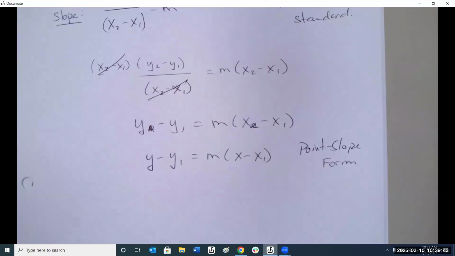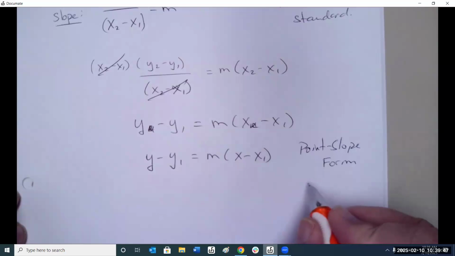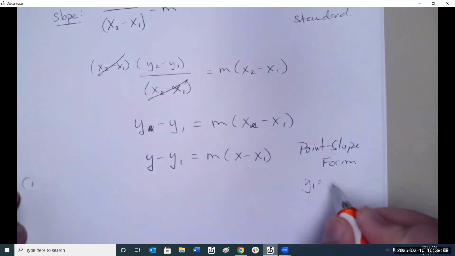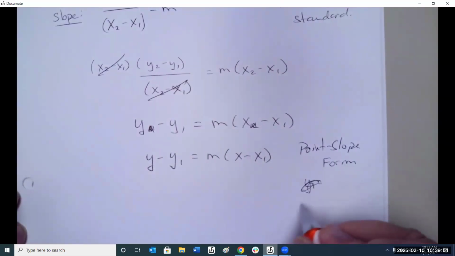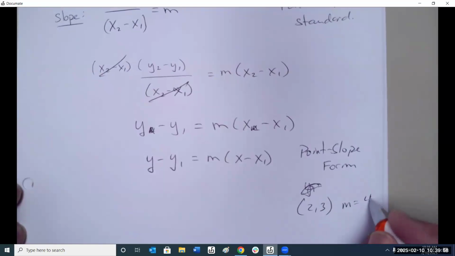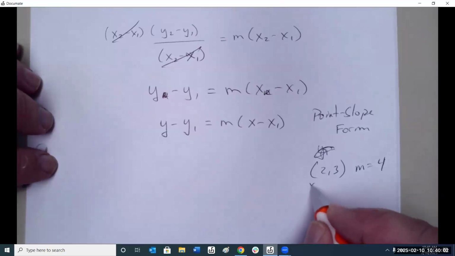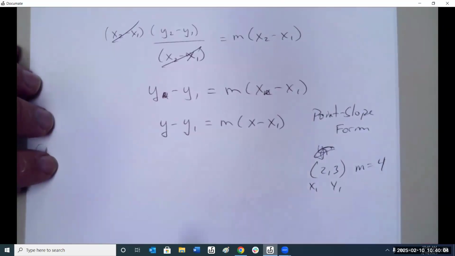From the point slope form, once we define, let's say, we have the point (2, 3) and the slope equals 4. So this is x1, this is y1.